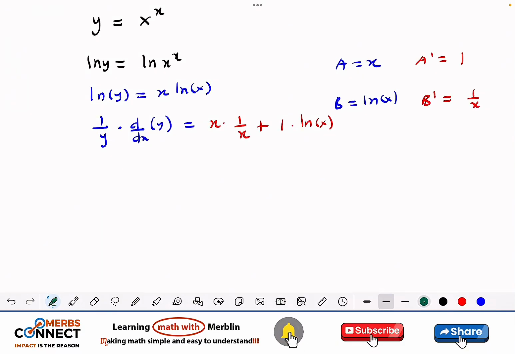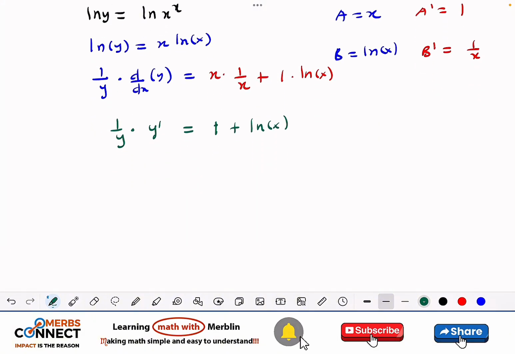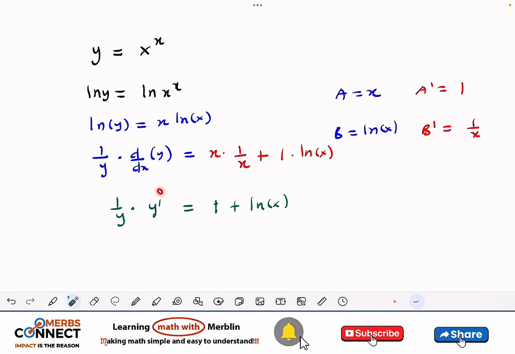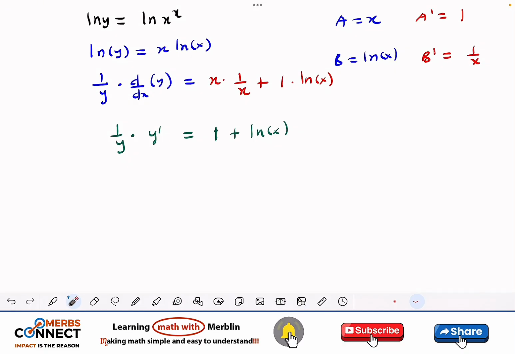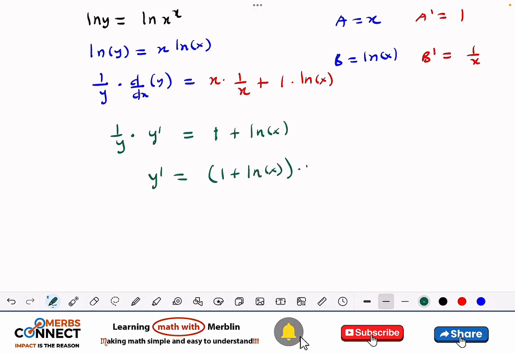So this is what I'm going to get. Let's simplify. 1 divided by y times y prime is the same as y prime over y. So now when I do this, this is going to give me 1 plus the natural log of x. And we are looking for y prime. That's what we are looking for. So what I'm going to do is multiply this one by y and multiply this one too by y. So I'm going to have y prime equal to 1 plus the natural log of x times y.